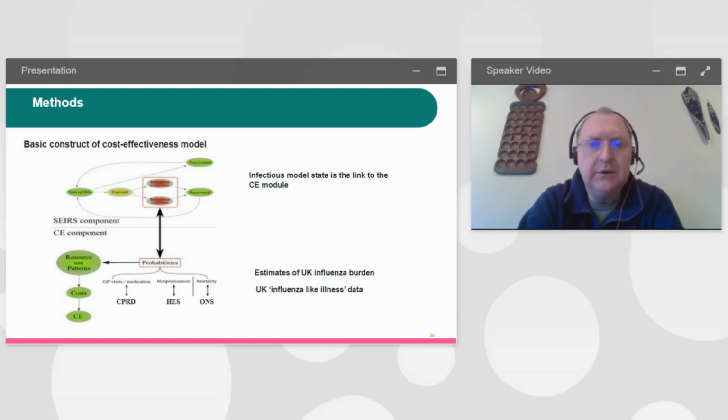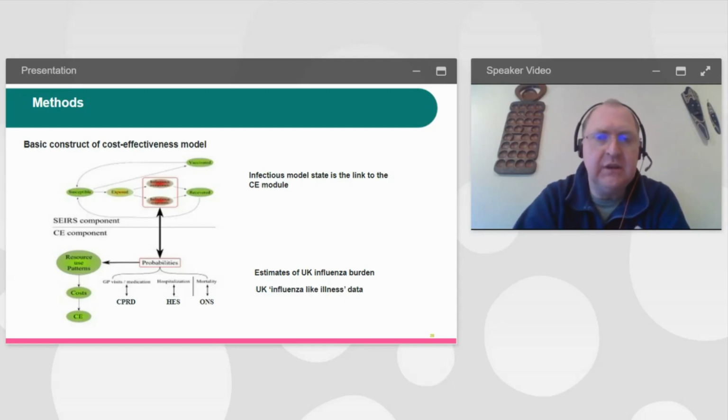So into individuals who are susceptible to infection, so they don't have immunity, who may become infected and transition into an exposed class. So these are people who are infected but yet to develop infectious disease. So they're infected but not yet infectious. The red classes in the red box are infectious cases.